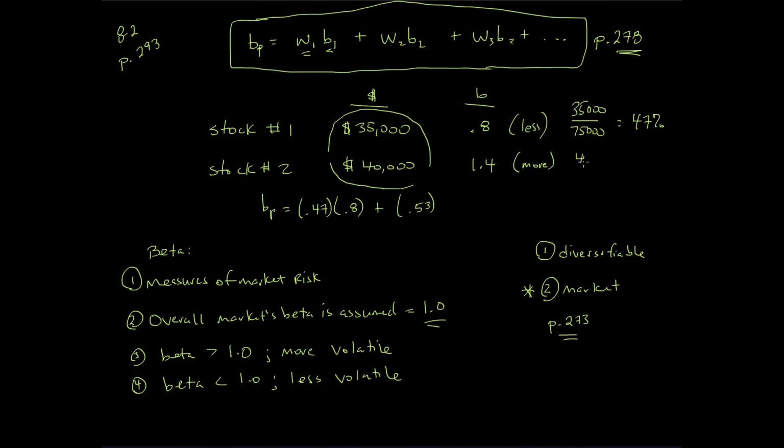But just to check that figure, if we take 40,000 and divide by 75,000, we'll come back to 53%. Beta 2, the beta of stock 2, is 1.4. Remember order of operations as you're typing this into your calculator.